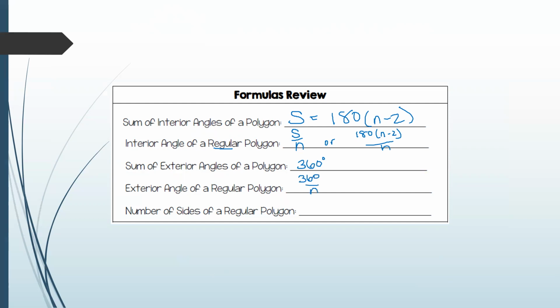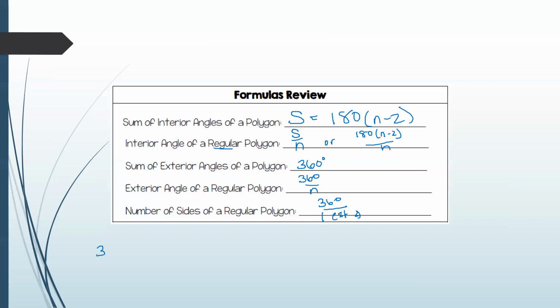And then we just used a formula like this, the number of sides. If you're looking for the number of sides of a polygon, you could say that's 360 divided by the measure of one exterior angle. Right?